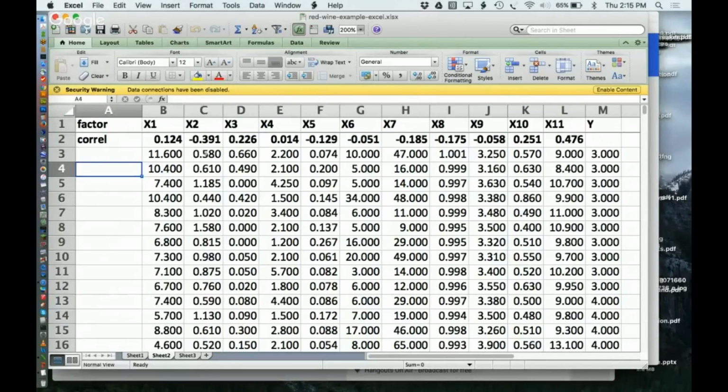What that means essentially is that in general, the larger this number is, the lower the quality. It doesn't mean it's not a good factor for evaluating. It just means that it's inversely related. Okay, so that's our data.